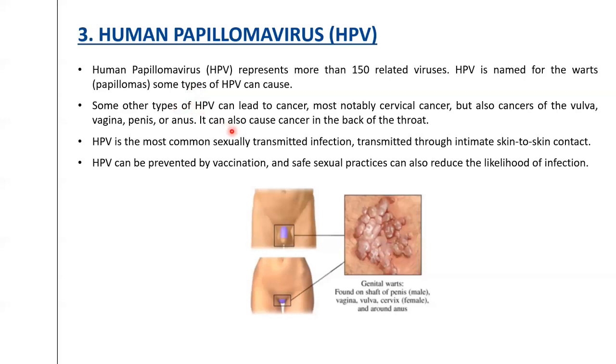Some other types of HPV can lead to cancer, most notably cervical cancer, but also cancers of the vulva and vagina, penis, or anus. It can also cause cancer in the back of the throat.